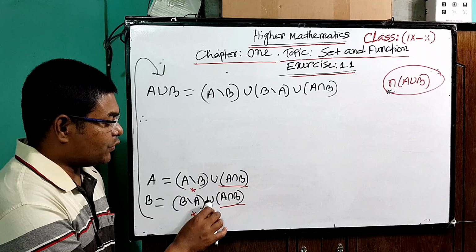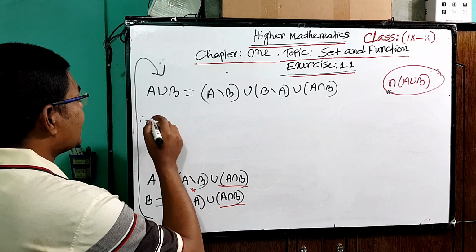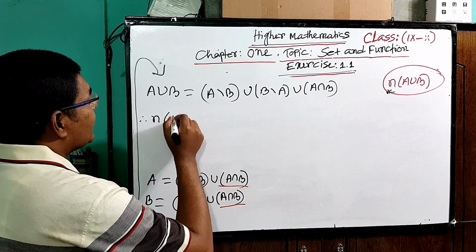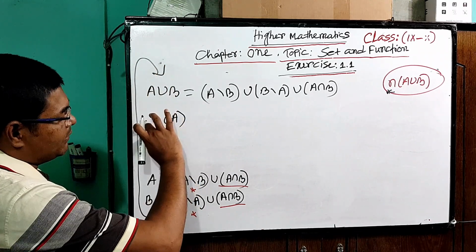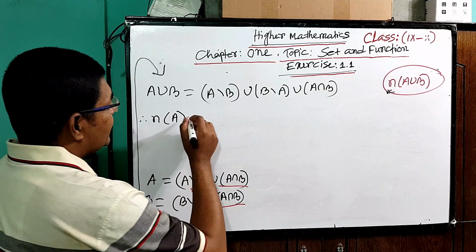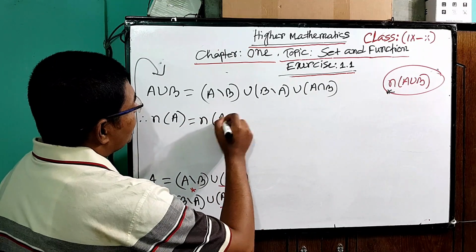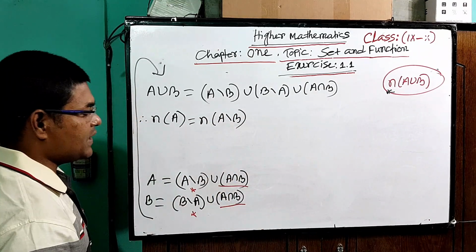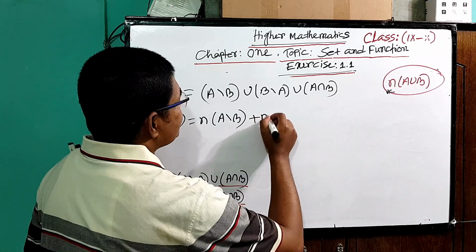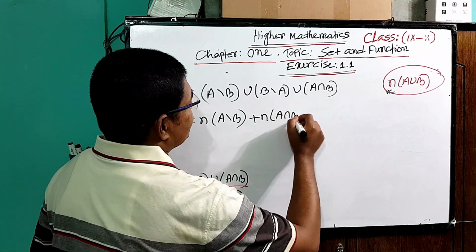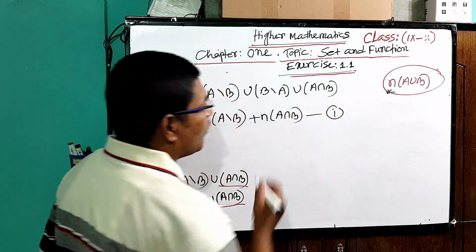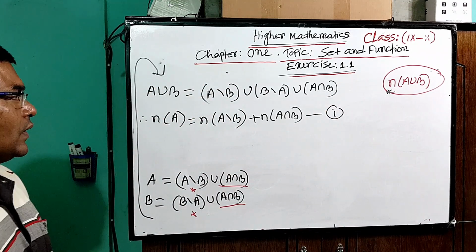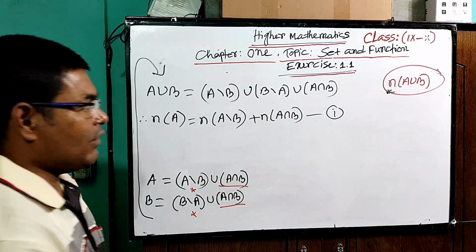So therefore, after completing this line, you have to write n of A equal to n of A difference of B plus n of A intersection of B.